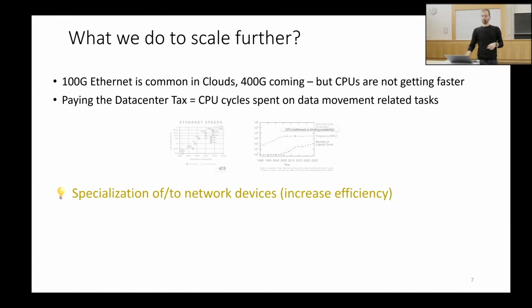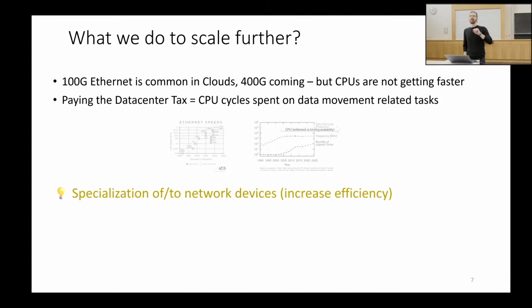So what we do in our group is we look at basically ways to specialize the computation or the system to the network devices. So think of it as we change systems so they operate efficiently or like distributed native. But you can also think of, we are looking from the other layer, which is how we can change the networking hardware.